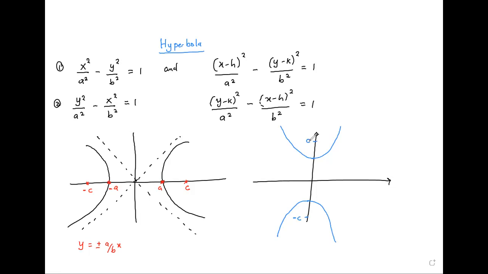And then this one is a, and this one is negative a.